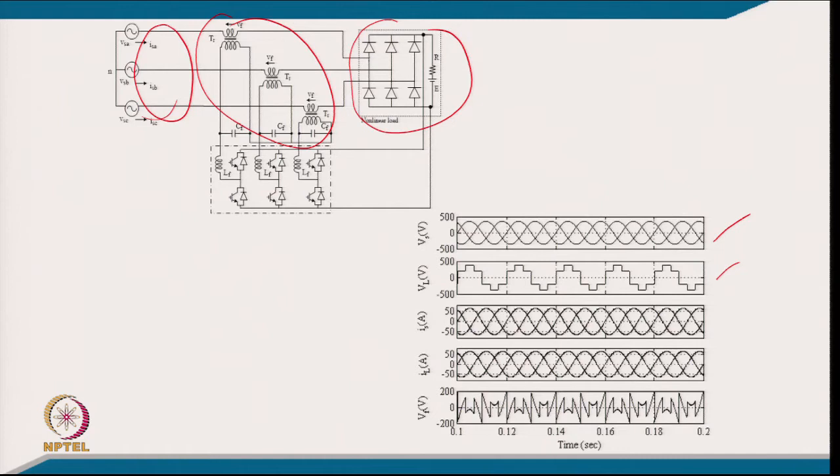So, we are forcing the diode to conduct 180 degree and virtually charging this battery with all the 3 phases simultaneously, and the battery voltage gets reflected at the point of common coupling, and the voltage at the PCC comes in this shape. This is similar to the waveform we get by 3-phase inverter switching with 180 degree waveform.